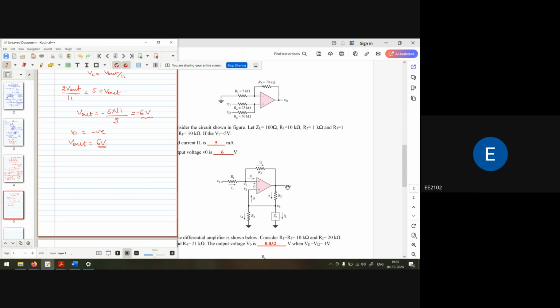If we know the voltage here, my circuit should be like this: I know this voltage, 6 volt. Here one resistance is connected and this resistance is connected with two resistances. Simple circuit. Why? Because no current will be going in this direction. It is a virtual ground concept, no current going inside the operational amplifier, so that means the current in this direction is 0. So 6 volt, the value of R3 is 1K, it is 10K, and it is again 100 ohm.